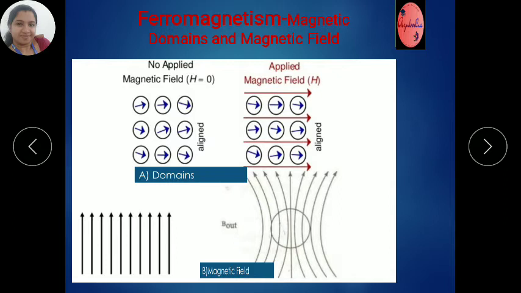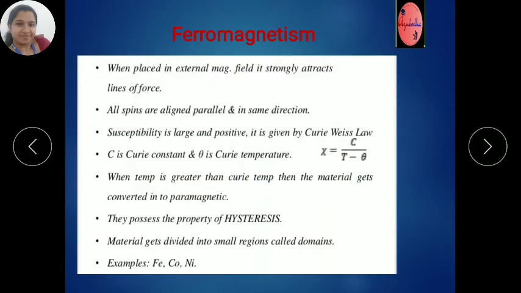So from this diagram we can say that even in the absence of magnetic field, the domains are aligned. That means in the absence of magnetic field, a magnetic field is there. When placed in external magnetic field, it strongly attracts lines of force. All spins are aligned parallel and in same direction.